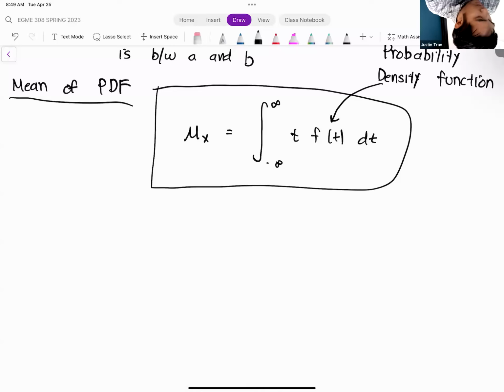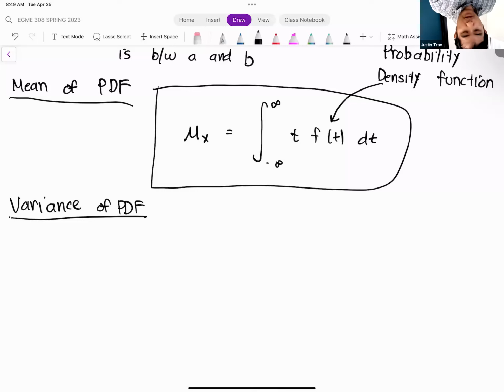Then we have the variance. The variance of a PDF is a little bit more complicated. I'm going to give it the symbol sigma x squared.